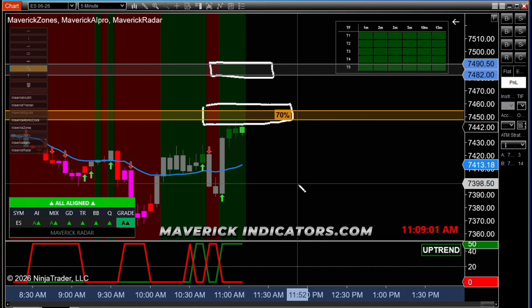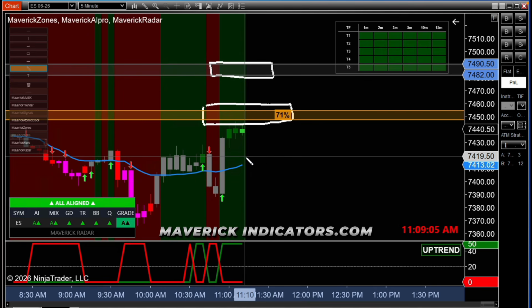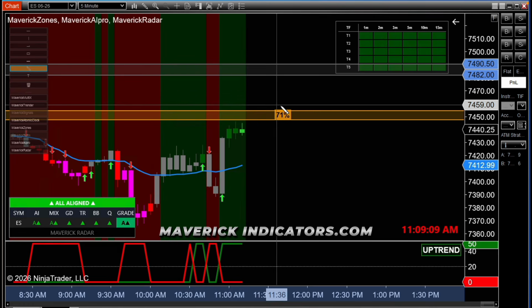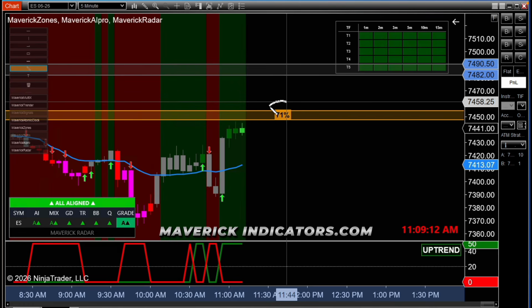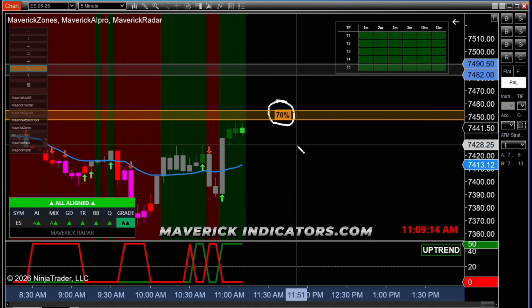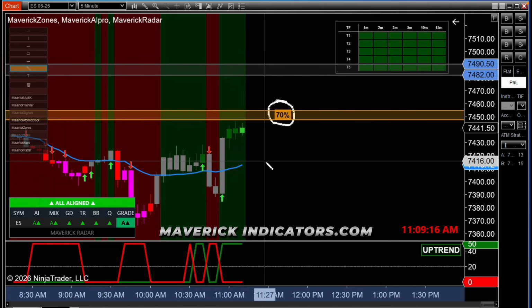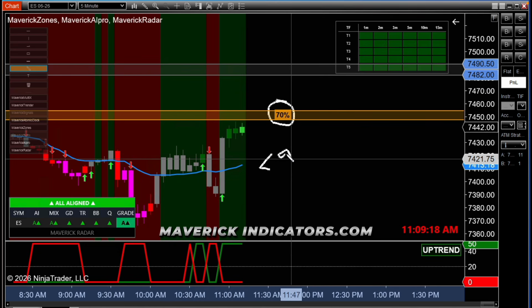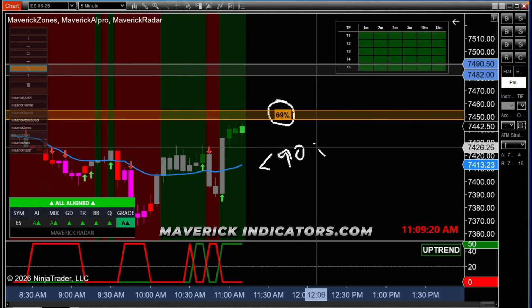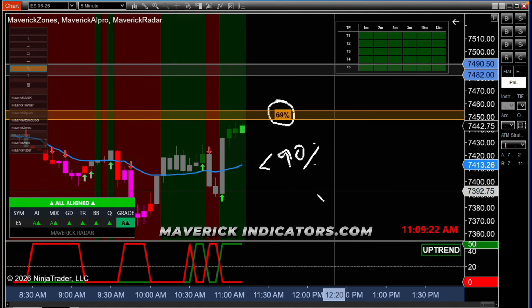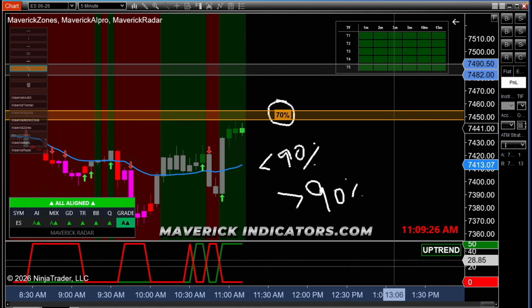We've created all these probability scores of where support and resistance zones should be, where those orders are. As you get closer, it gives you this probability score. Right now, this is a 70 score. Anything less than 90% is fair game for breaking. Anything greater than 90%, ooh, it's like a brick wall.